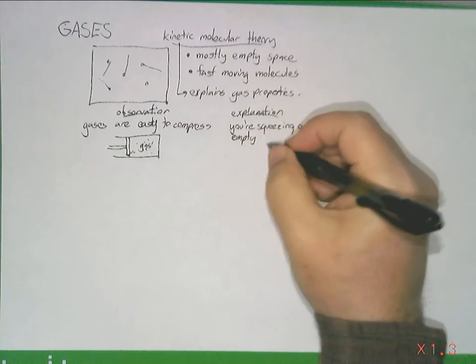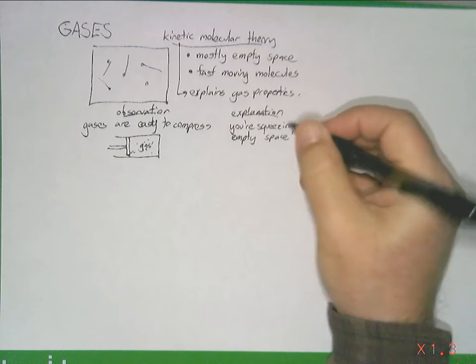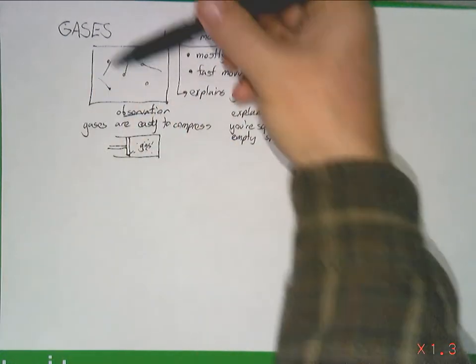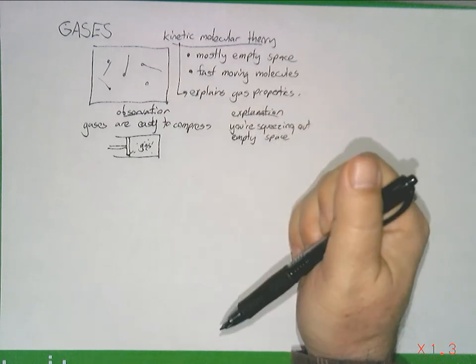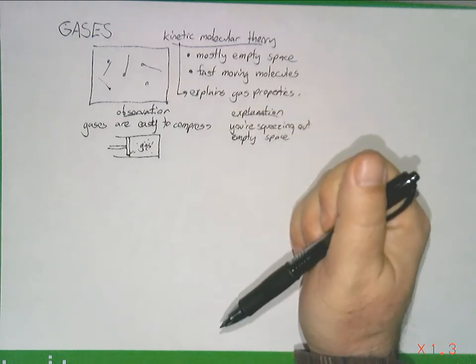And it's easy to do that. So it is easy for you to just push the gas into a corner. You're only making the empty space that they have to move around in a little bit less.